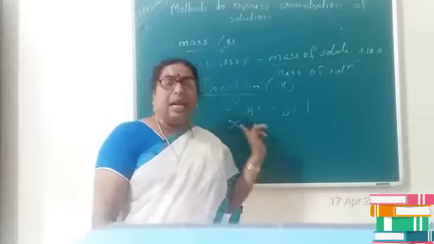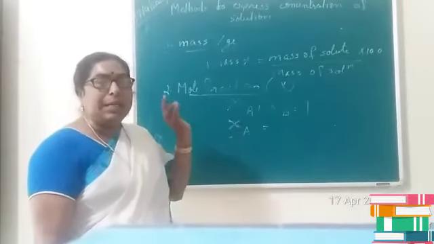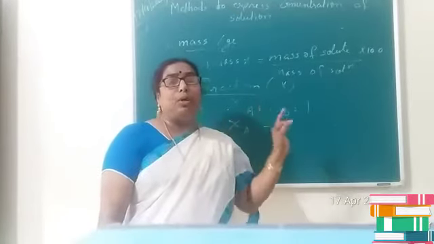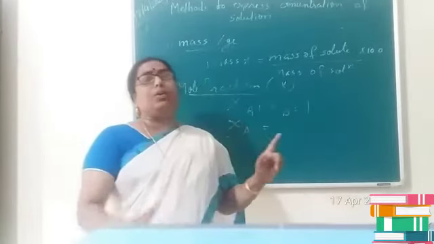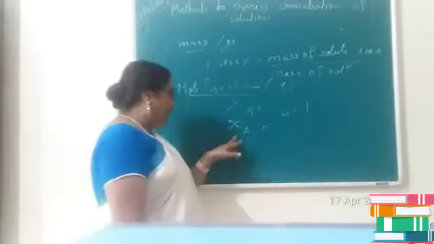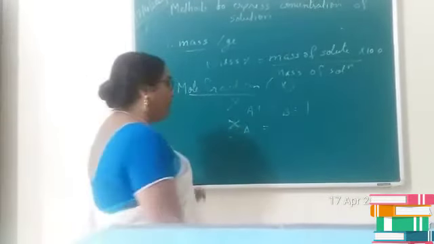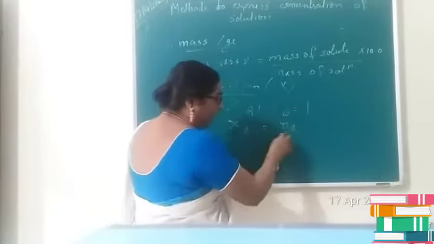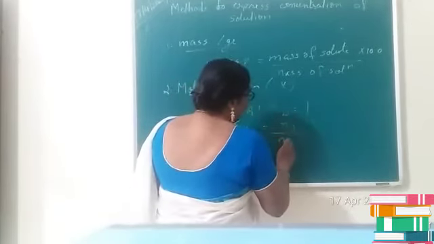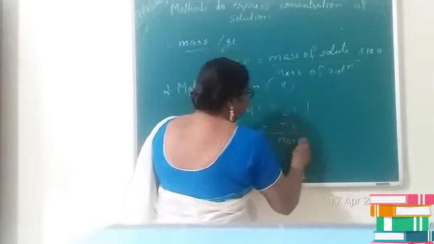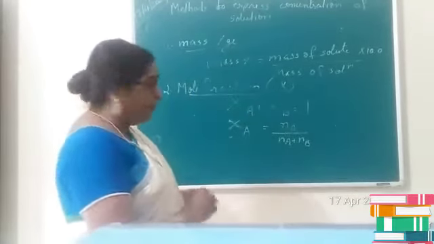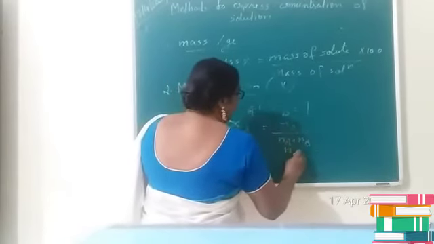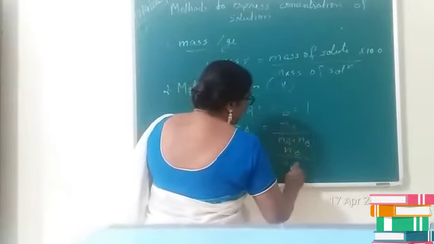Is it clear, children? Mole fraction of solvent is Xa equals Na upon Na plus Nb, where Na is the number of moles of that component divided by the total number of moles. Mole fraction of solute is Xb equals Nb upon Na plus Nb.